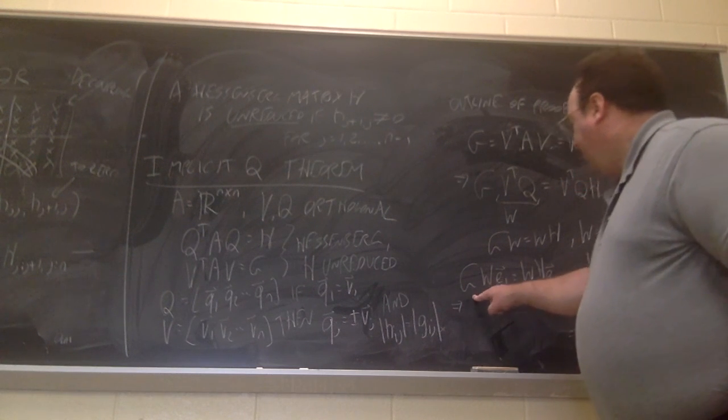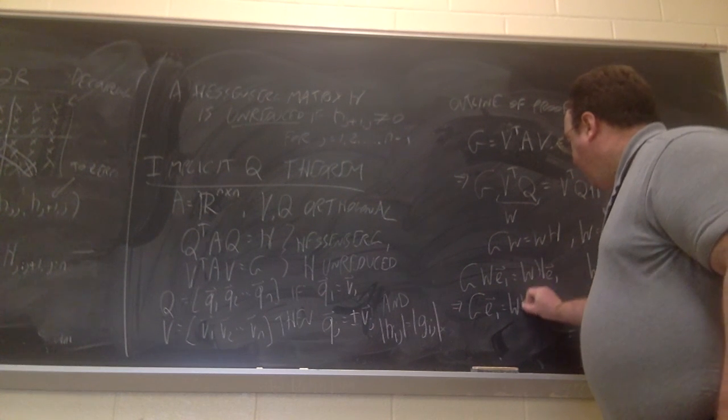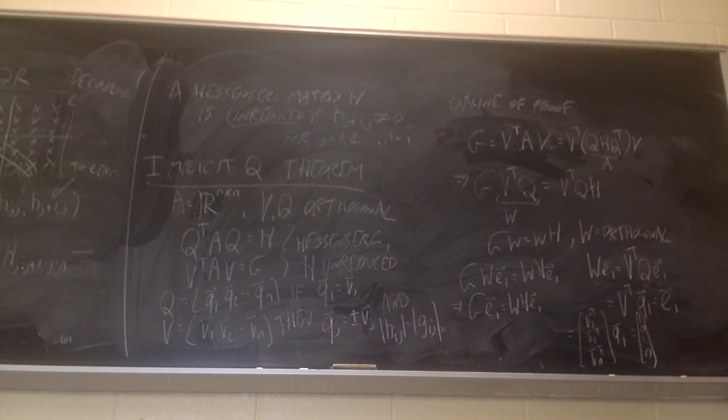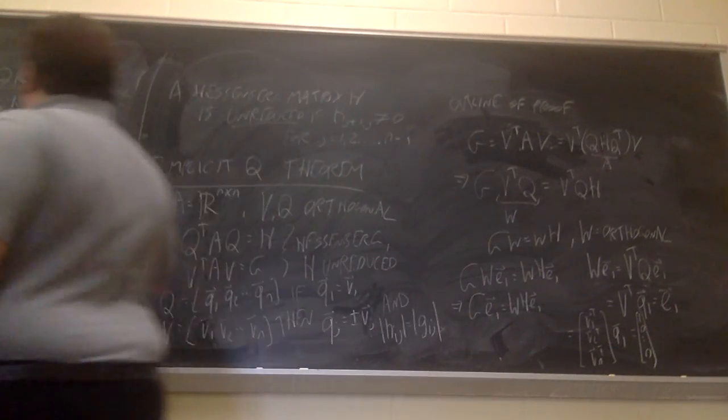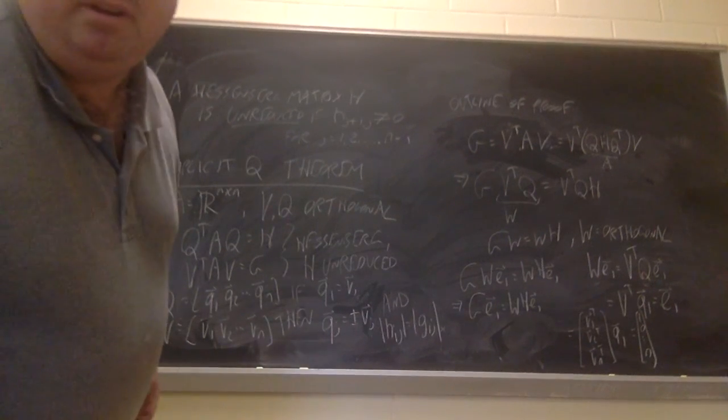So now I get GE1 is WHE1. Now, G is a Hessenberg matrix.